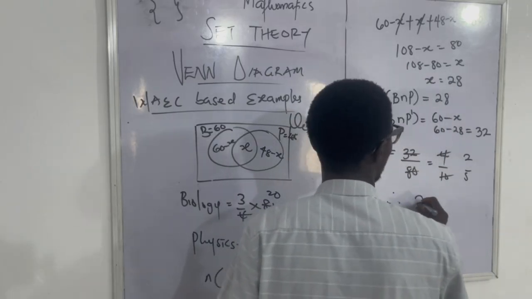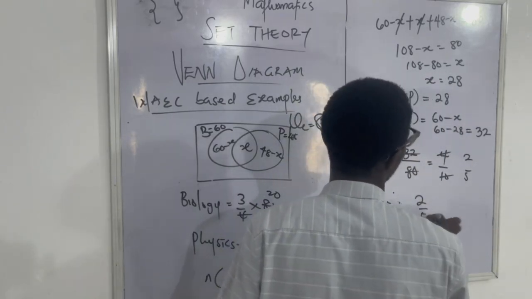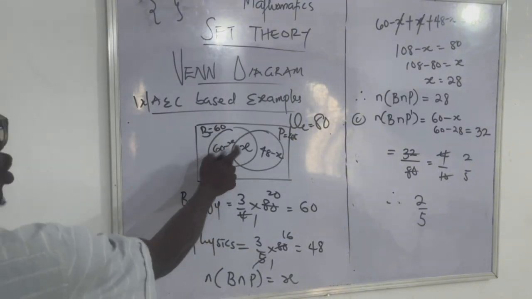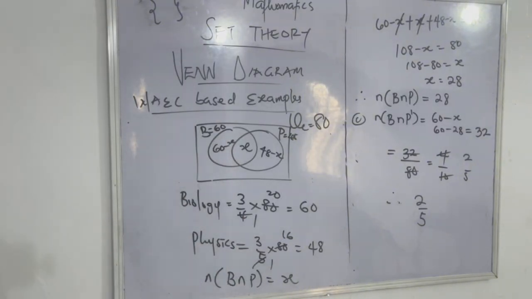So therefore 2 over 5 is the fraction that does only biology. So that is the end of the second question.